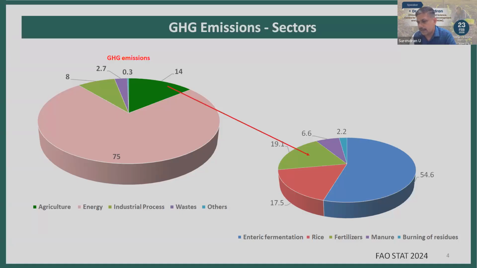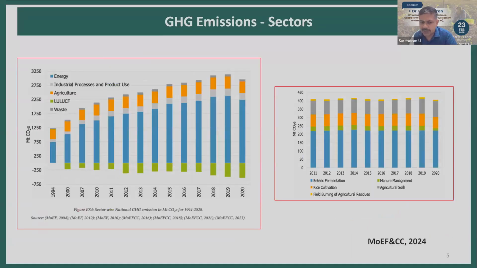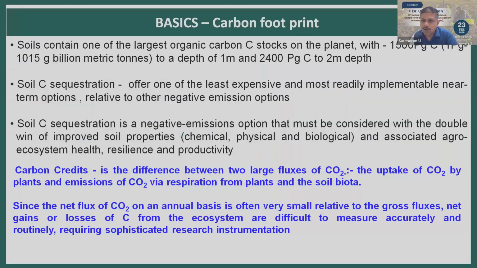Within the agriculture sector, enteric fermentation, especially from the livestock population, is more, whereas rice, fertilizers, manures, and burning of residues also contribute to the GHG emissions. And energy is the major sector. But what we committed is that by 2070 it will be a carbon neutral country. How the agriculture sector can contribute to that is what we are going to discuss today.